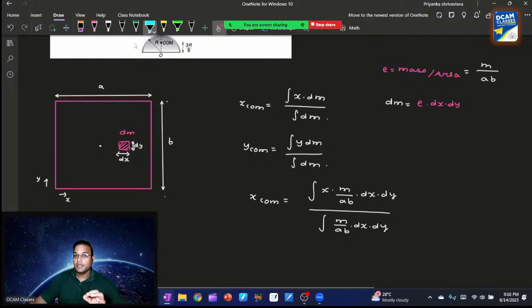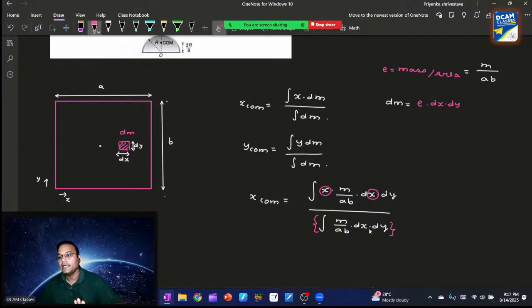But in this case remember you are trying to find x center of mass. So what is changing? X is changing. Only this thing is changing, x. Finding out mass is okay. Even without integrating, I can put this value as small m, because it represents the total mass, and the total mass of the body is M only.